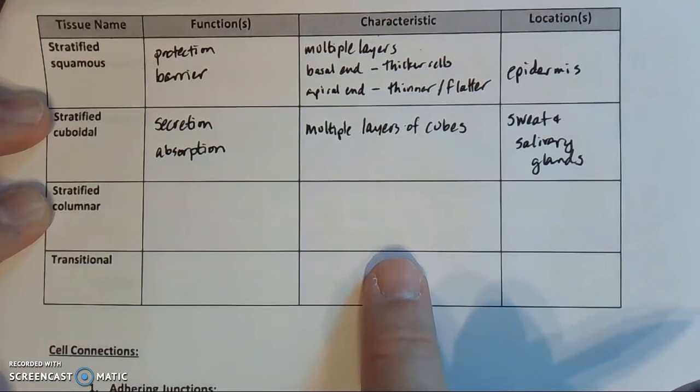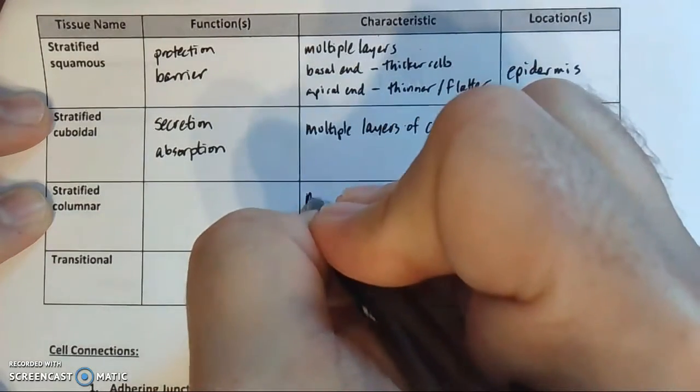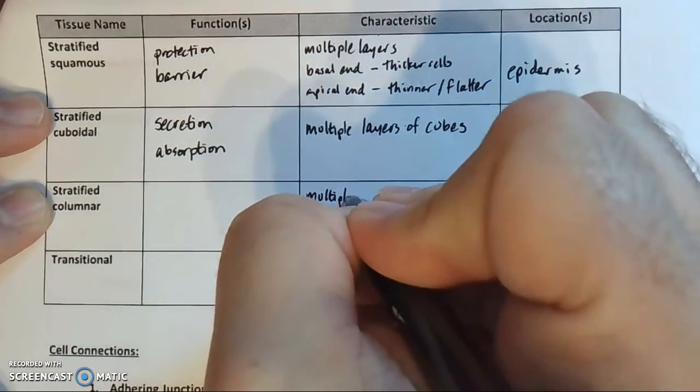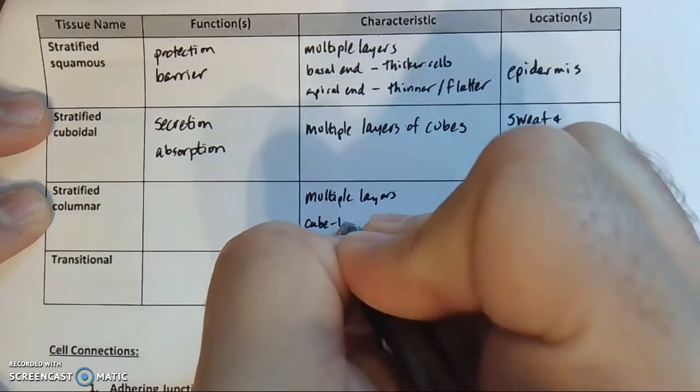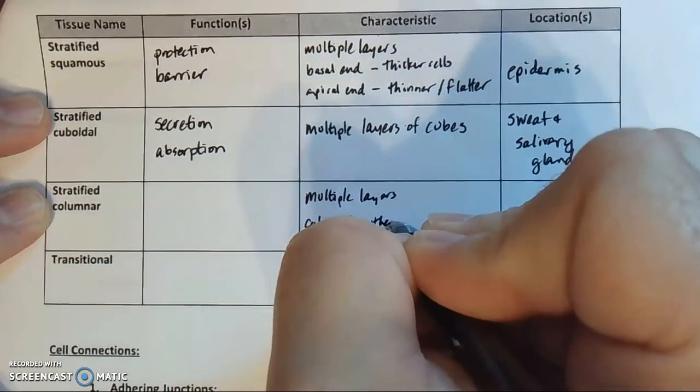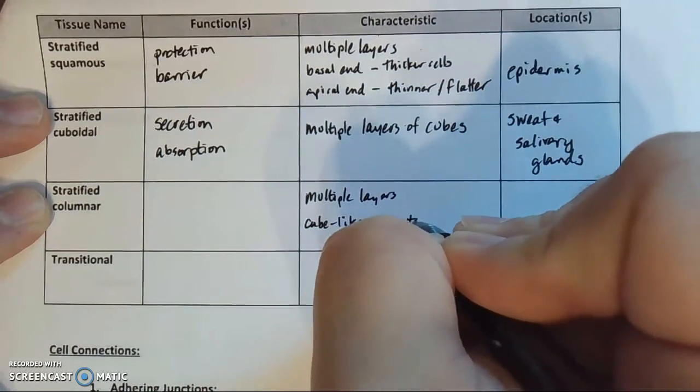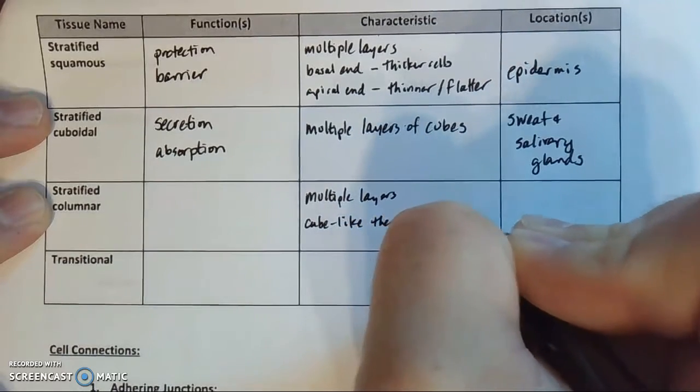Stratified columnar, we have multiple layers. They start cube-like, then to columns.